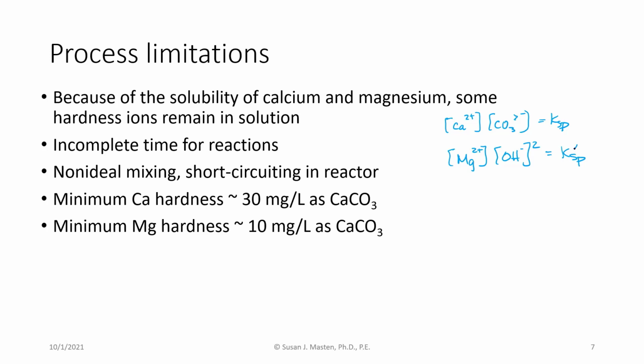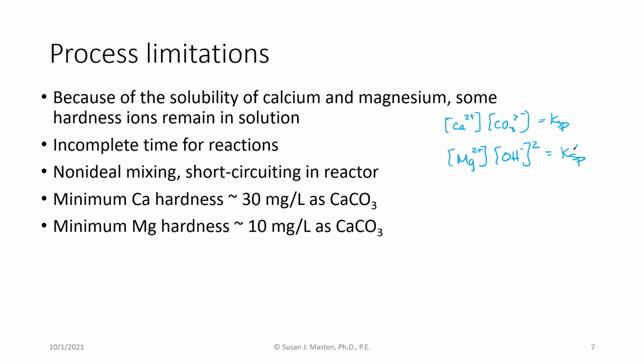The other issue is that the reactions may not be complete. Acid-base reactions essentially are instantaneous. Precipitation reactions take time, and there may not be sufficient time to even reach equilibrium. There may be non-ideal mixing, short-circuiting in the reactor.